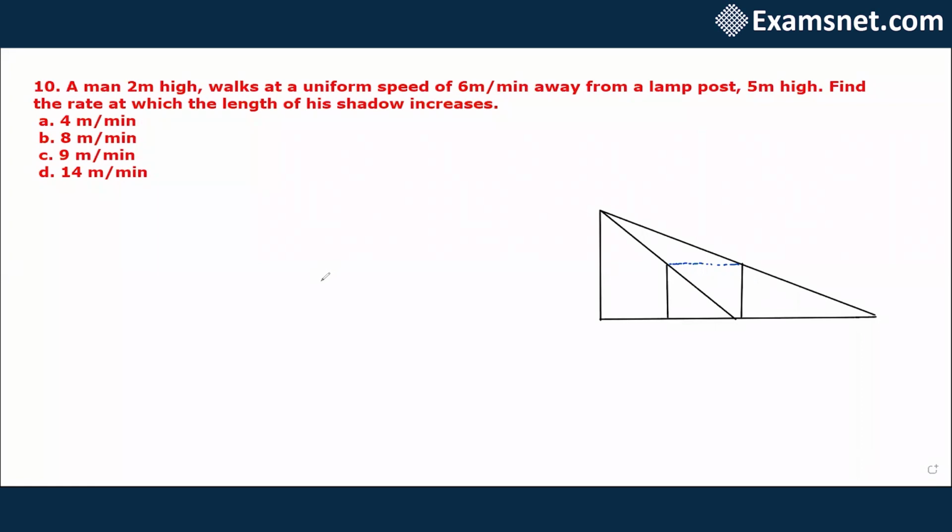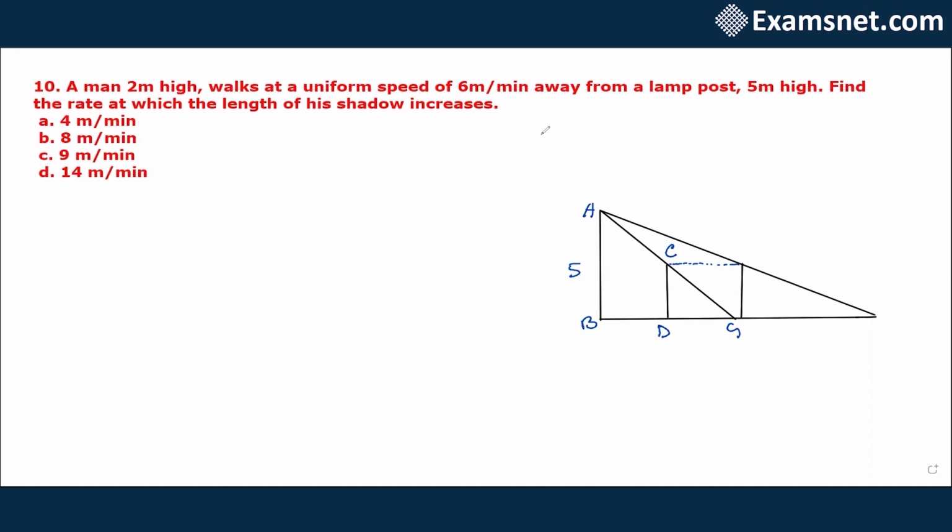Question number 10 states that a man 2 meter high walks at a uniform speed of 6 meter per minute away from a lamppost, which is 5 meter high. Find the rate at which the length of his shadow increases. Let's say here AB is the lamppost, which is 5 meter high. And here CD is the position of the man at the beginning, and here DG refers to the shadow of that person.